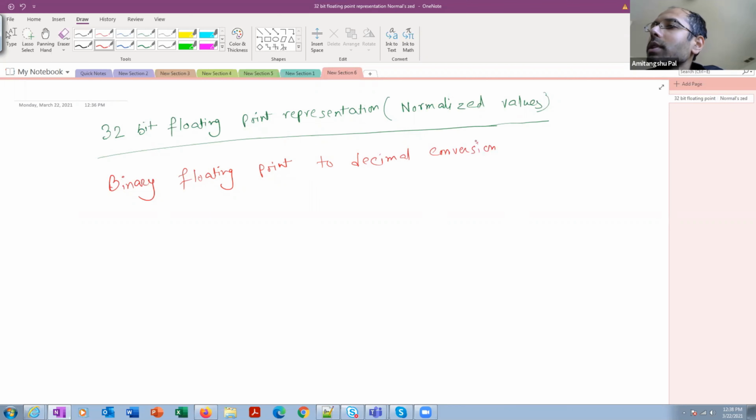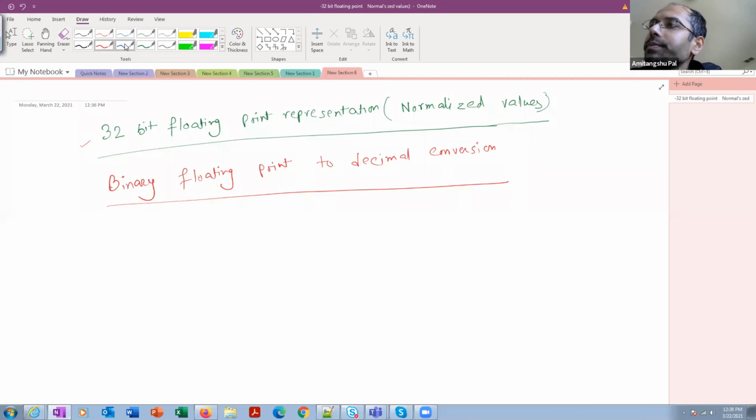Okay, that means suppose I gave you a 32-bit binary string and I'm asking you what is the corresponding decimal number. Let's see how we can interpret a 32-bit floating point number and how we can convert it to the corresponding decimal value.